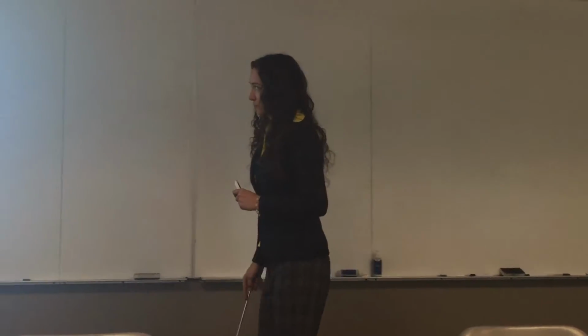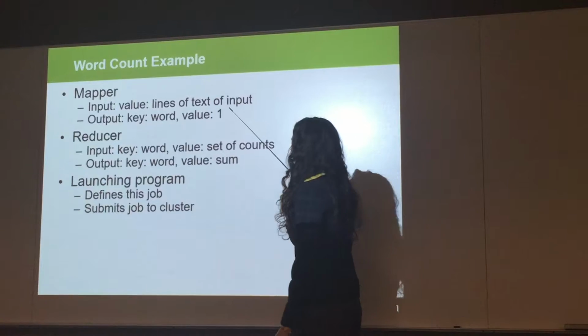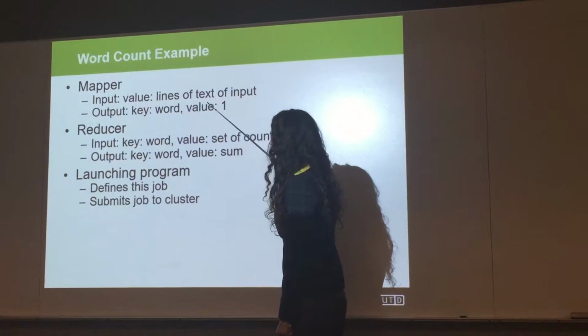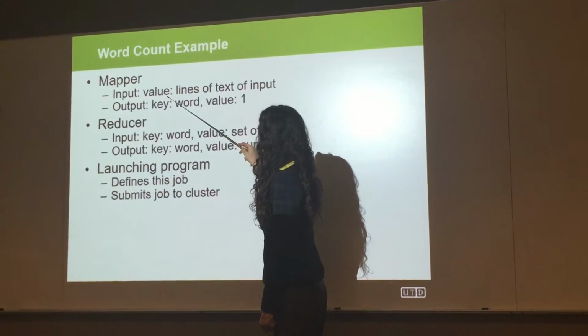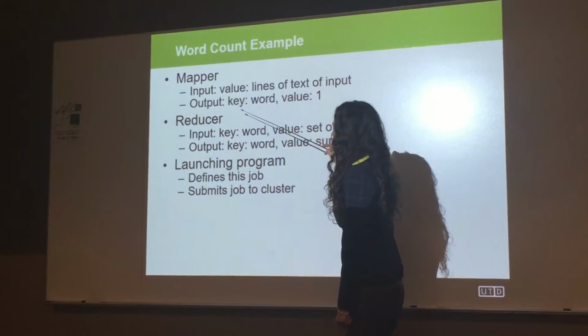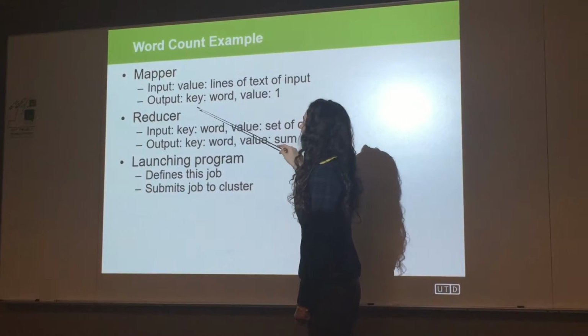So what does a mapper look like? It has input value, lines of text of input, and it produces key-value pairs because it takes a value and a key.